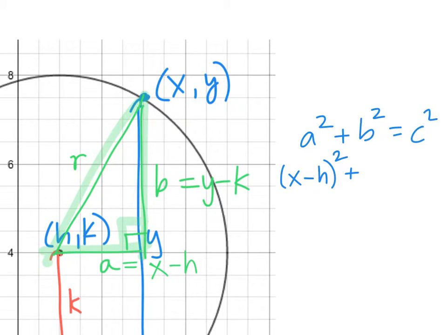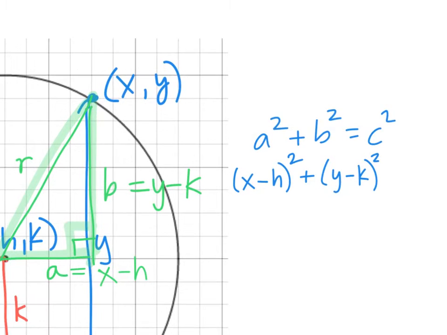In my triangle, b is y minus k. And what is c? r squared. So you have derived the circle equation. So this is the circle equation that you have to memorize, which is pretty easy. It is just the Pythagorean theorem.